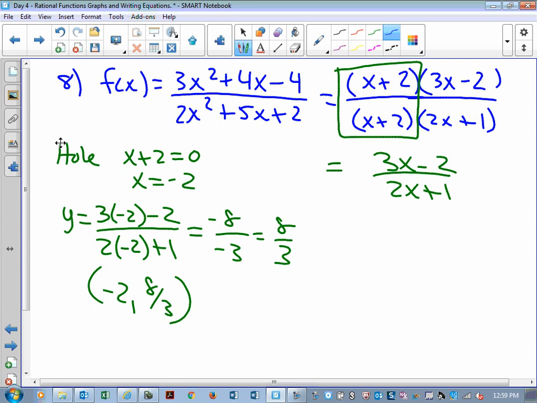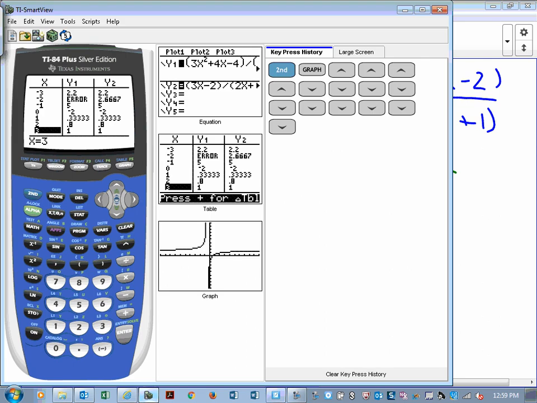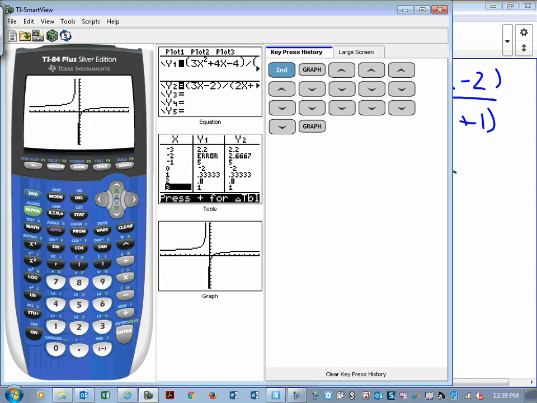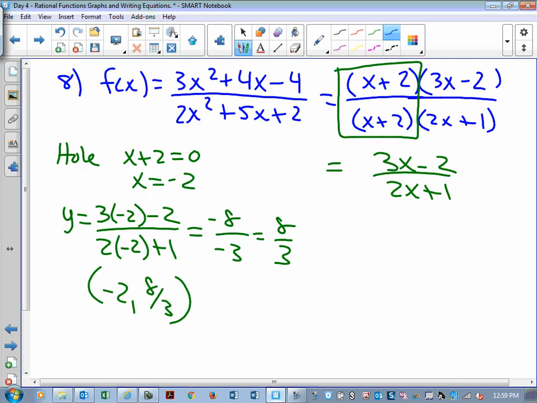Alright, if I go back to my graph, technically, at -2, I should have a big fat hole there on my graph. Okay? But I don't because my calculator won't show it. So I have a hole at -2, 8/3.